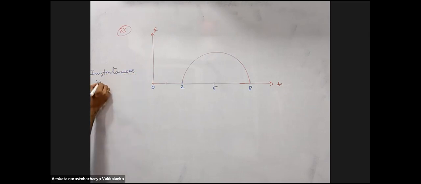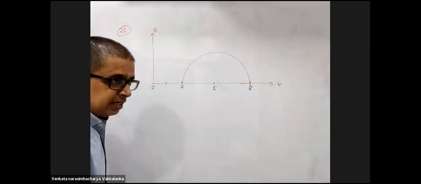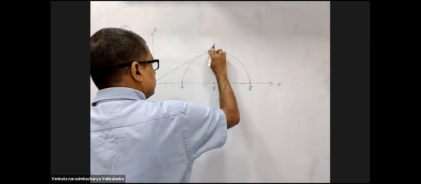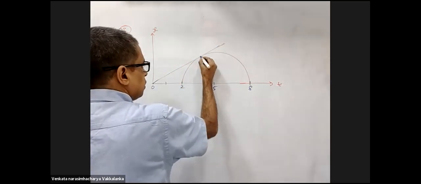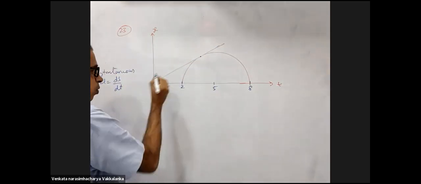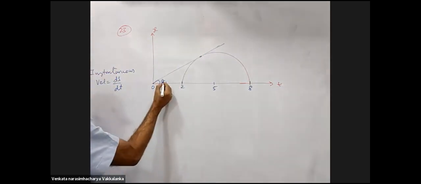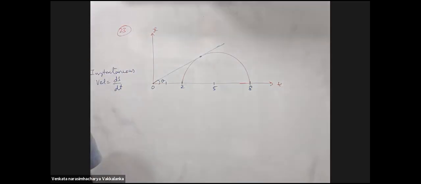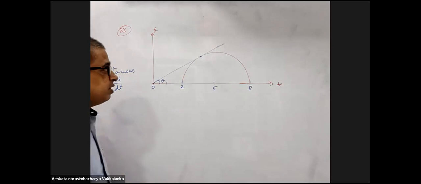Instantaneous velocity will be ds by dt. You should draw a tangent. Now, from here, let me draw a tangent which will touch this way. This value will be tan theta. Here, the instantaneous velocity will be tan theta. Do you agree with that?